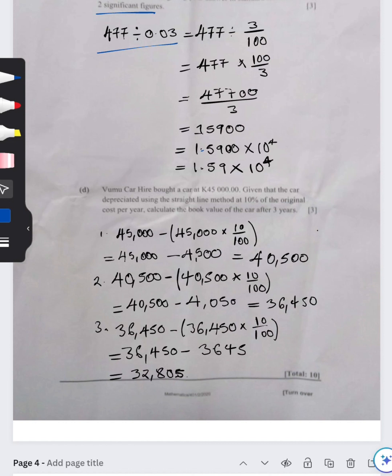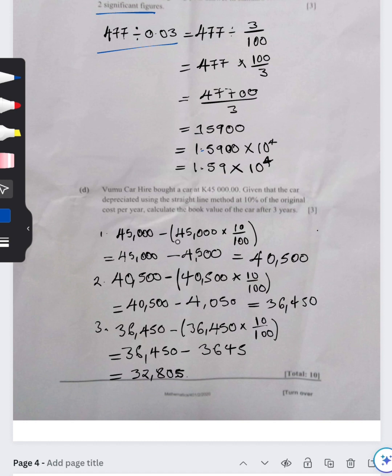So the question says this person bought a car at 45,000 and it depreciated at 10% every year. So I first of all write 45,000 and reduce 10% of that depreciation.